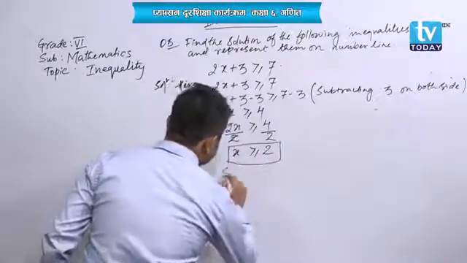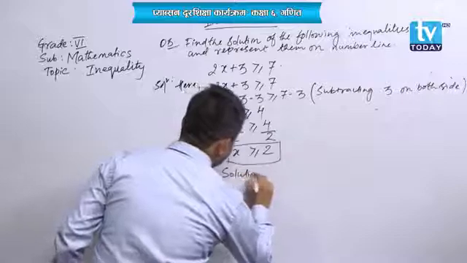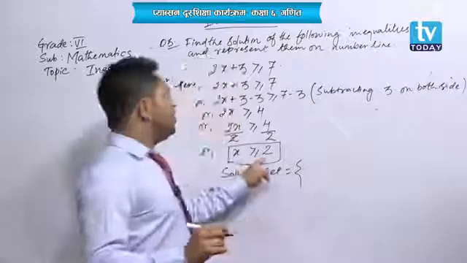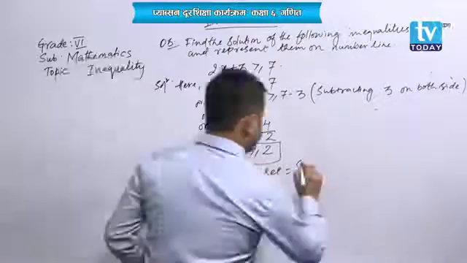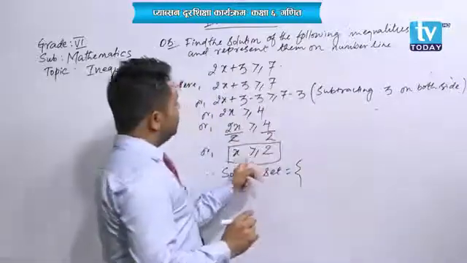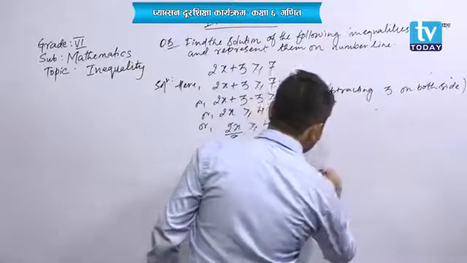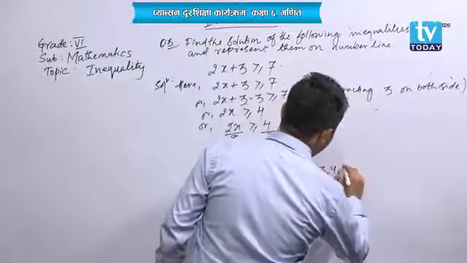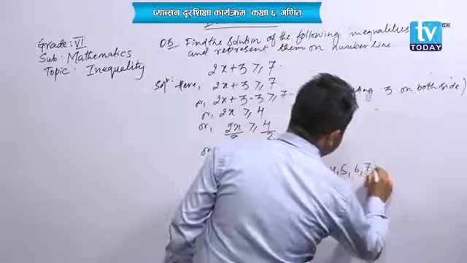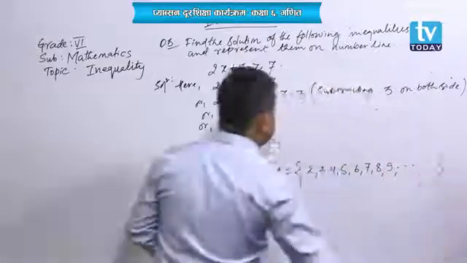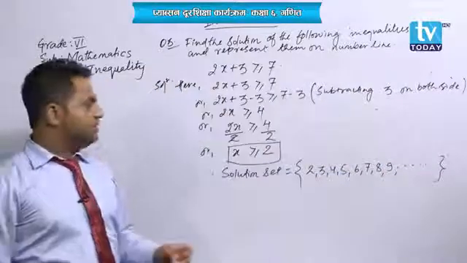In this case greater than equals to means 2 also included. That means 2, 3, 4, 5, 6, 7, 8, 9. This is the solution set for this question.